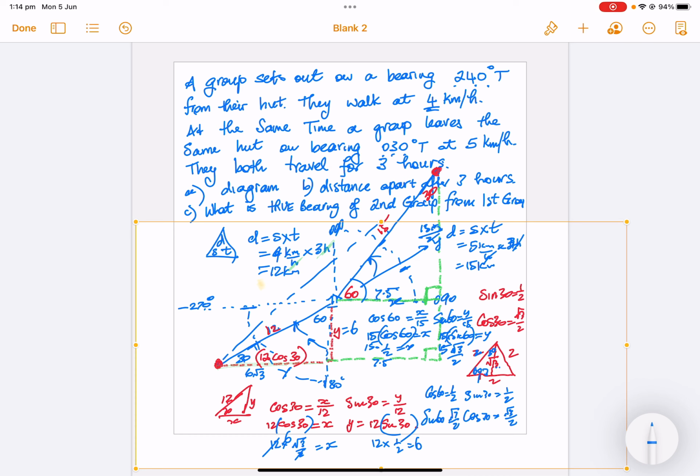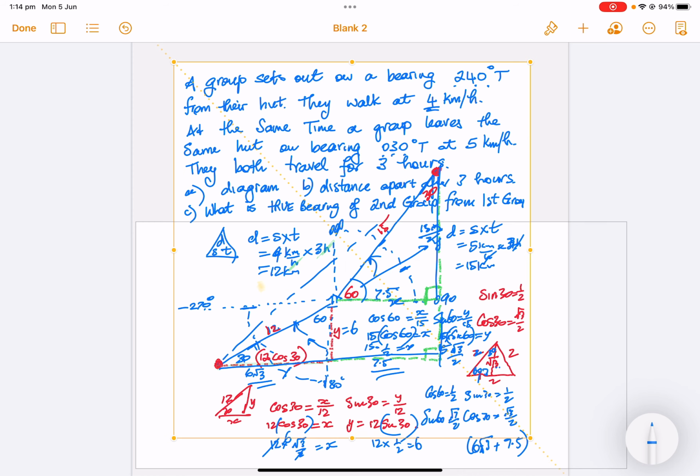So this triangle has 6 root 3 plus 7.5. That's the length here. And then this height is going to be 6 plus 15 root 3 over 2.